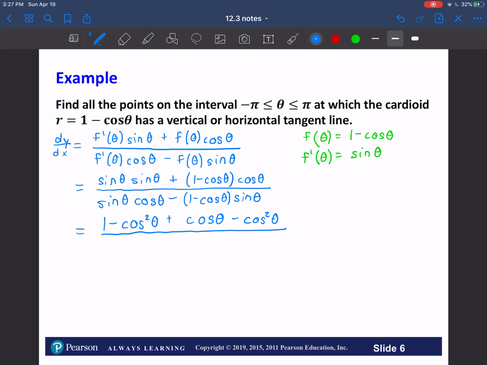On bottom, we have sine of theta cosine theta. So we can just keep that as is. Minus sine of theta. And actually, what I want to do is factor out this sine of theta from both terms. So I'm going to have sine of theta times cosine theta minus 1 minus cosine theta.